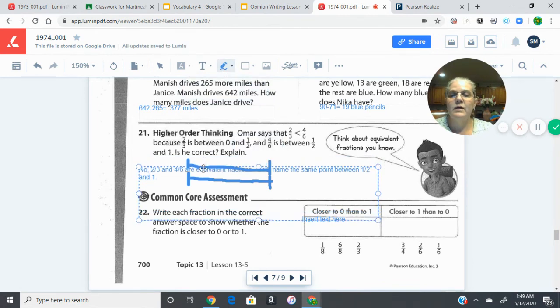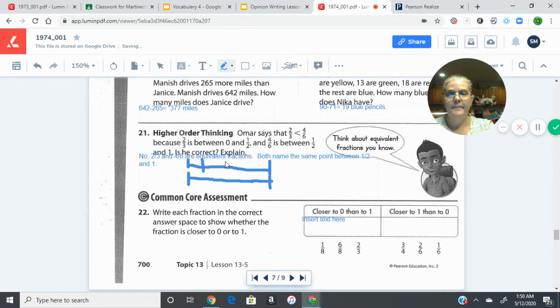If we broke it up 1/3, okay, so we broke it up 1/3, 2/3, 3/3. All right, and then if we broke this one up into 4ths or 6ths, 1/6, 2.